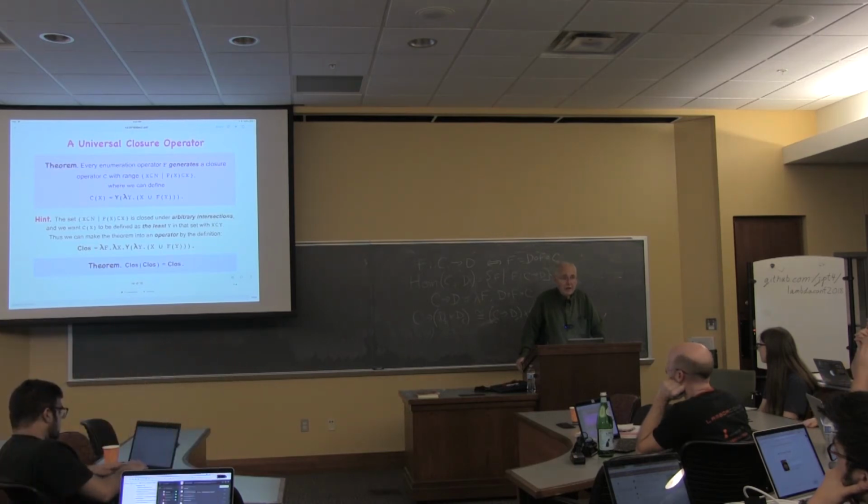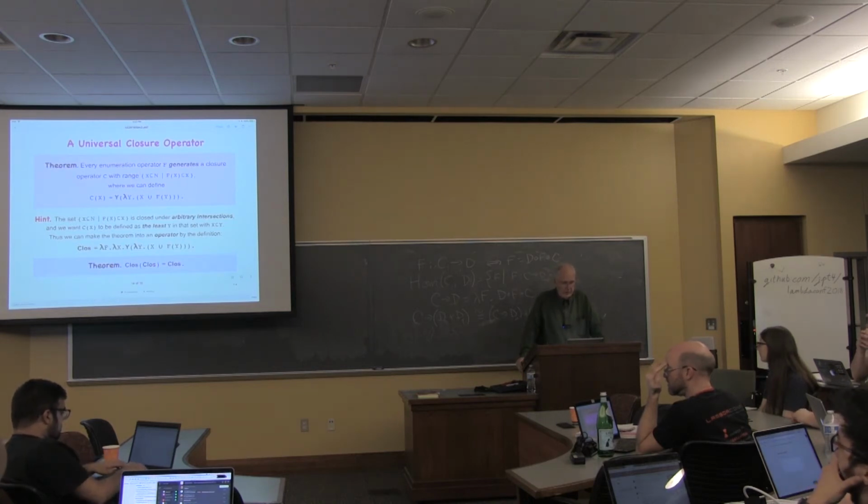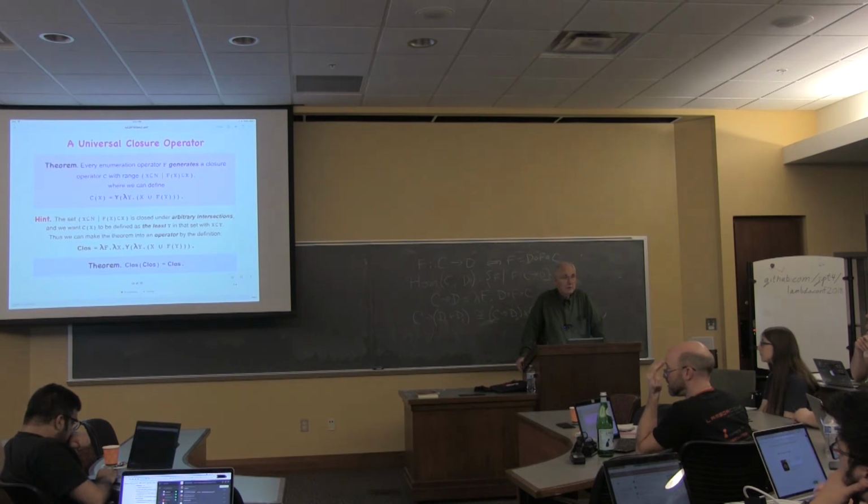And so if you have the time, you can say, let's iterate starting with x, taking f of f of f of f of anything. Okay? And so if you iterate that, any enumeration operator generates a closure operator by thinking of the enumeration operator as just being a one-step proof, and then you just keep going, doing it over and over again.